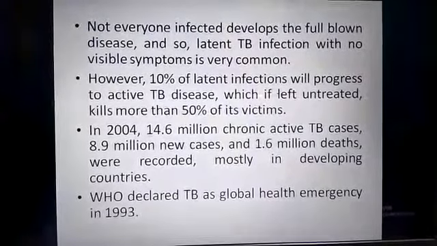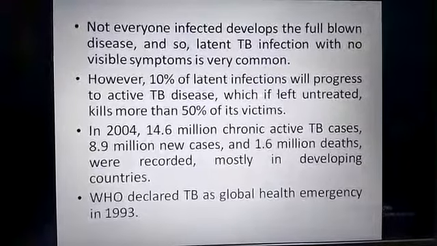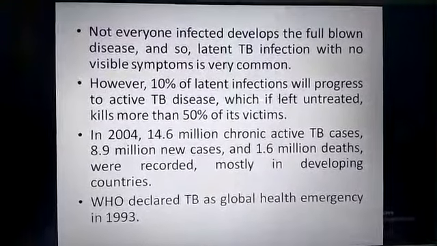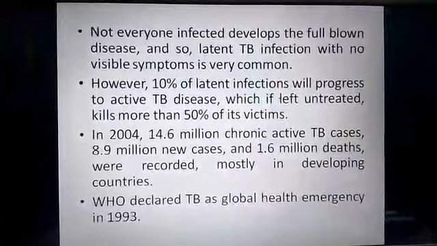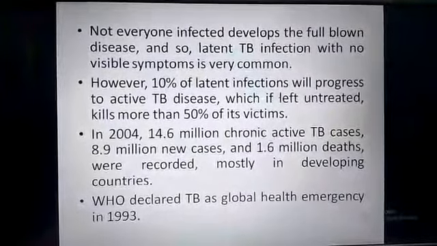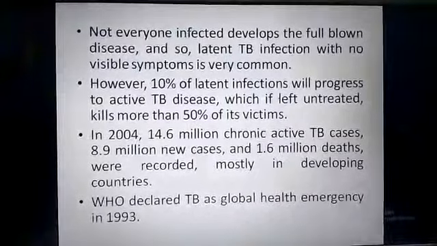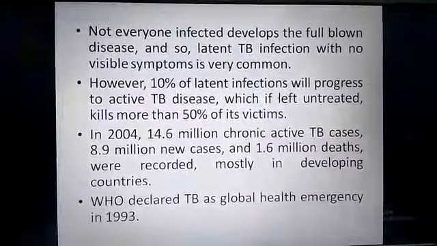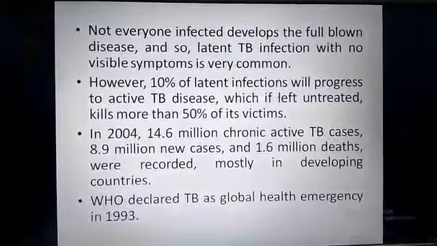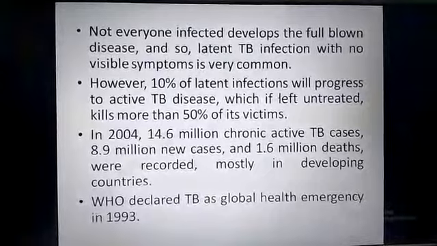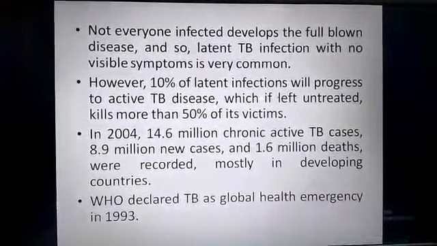In some people, the bacterium may be present in the body in a latent form, that is, not active. Therefore, these people will not show any visible symptoms. However, 10% of latent infections will progress to active TB disease, and if left untreated, it kills more than 50% of its victims.